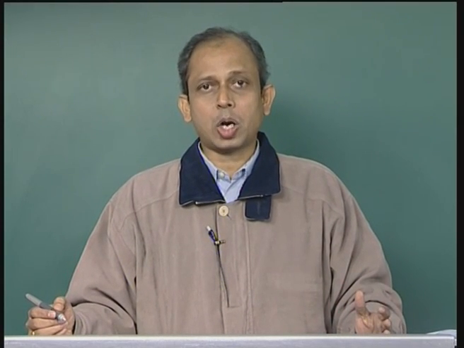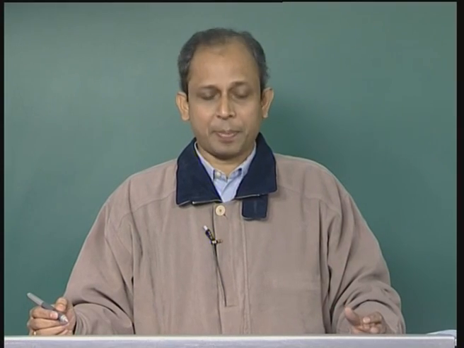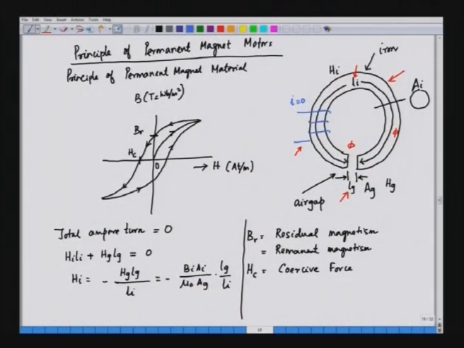MMF is the product of H and L. So, we can say that the total ampere turns is equal to 0, and the ampere turn consists of the ampere turn in the iron, that is Hi Li, and ampere turn in the air, that is Hg into Lg.